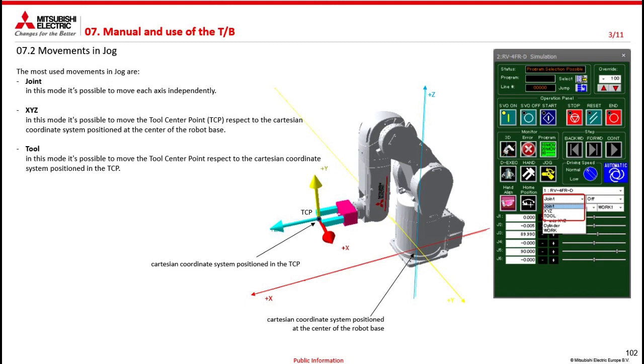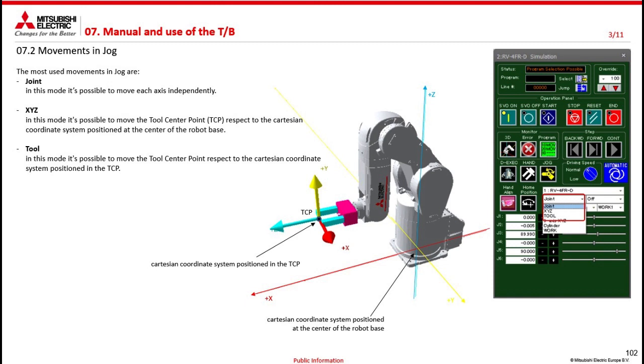We will see that the TCP will be in the center of the robot's flange, but we could position it, as in this figure, for example, at the end of our jaws, which will be the picking point of our piece.